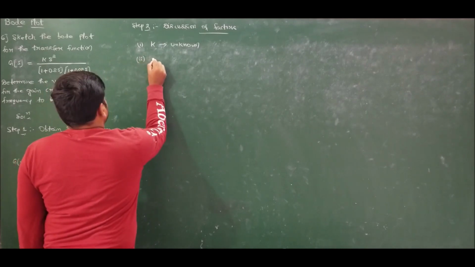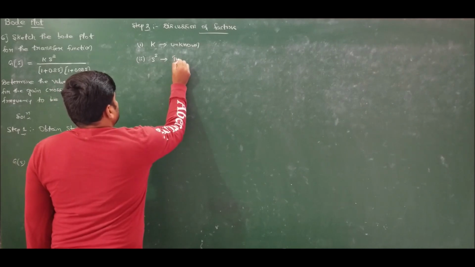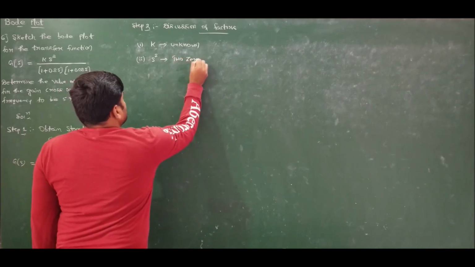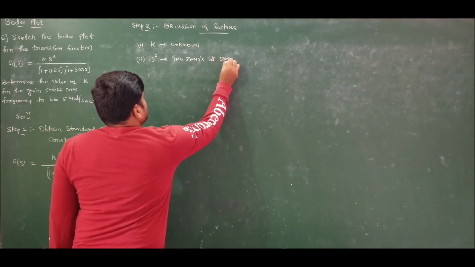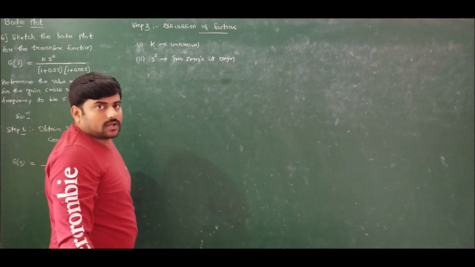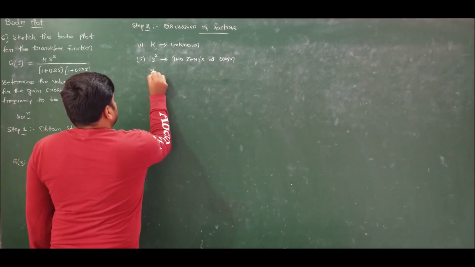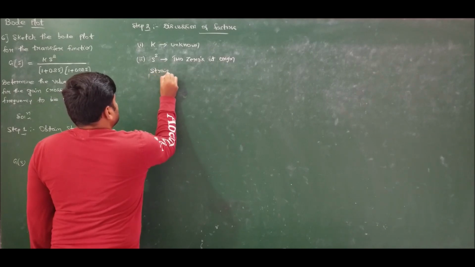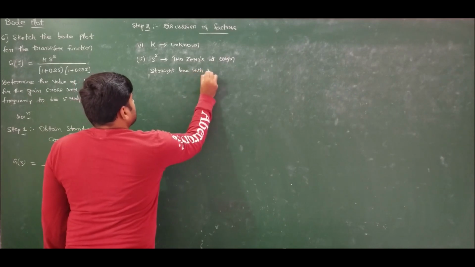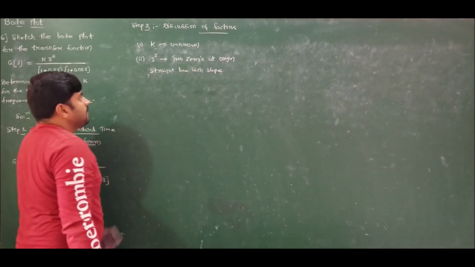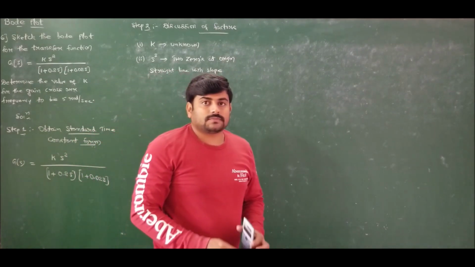Next, moving to the second one, that is s square. s square is called two zeros at origin. For this, we know that it is a straight line with slope for zeros, which is plus 20 times m, correct?